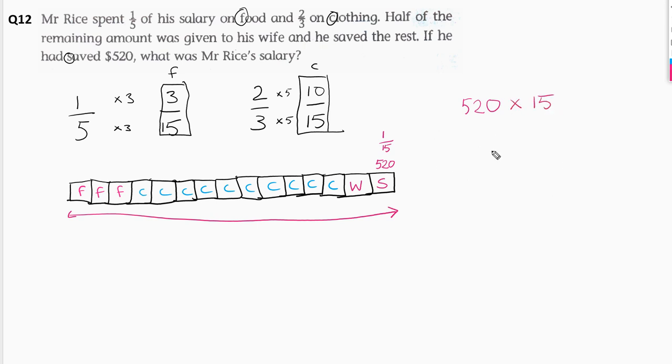I'm not going to set this out now. I'm just going to tell you that 520 times 15 is 7,800. So what's our answer? This is our answer. These are the units that we've been given. All right, so 7,800.